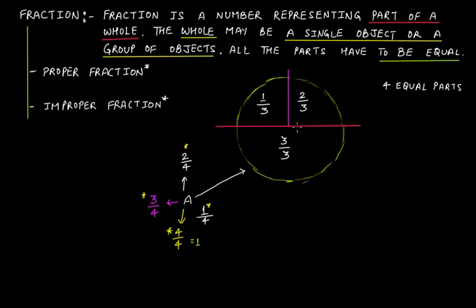This is of equal size, this is of equal size. Therefore we can't say that this is the first part, 1 by 3, this is the second part, 2 by 3, and this is the third part, 3 by 3. No, you can't say that.